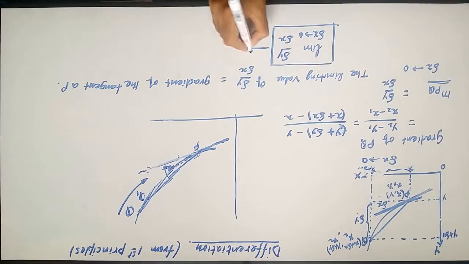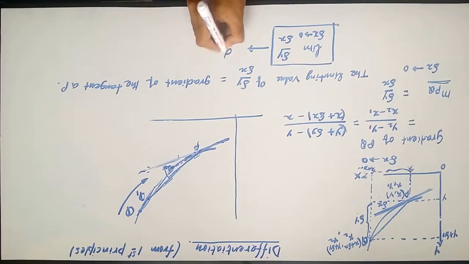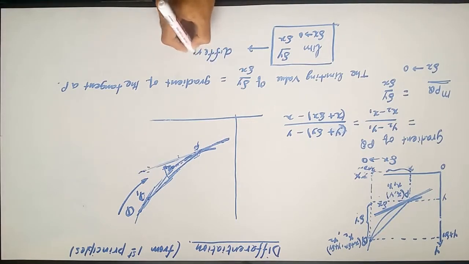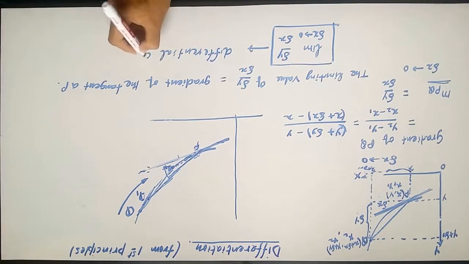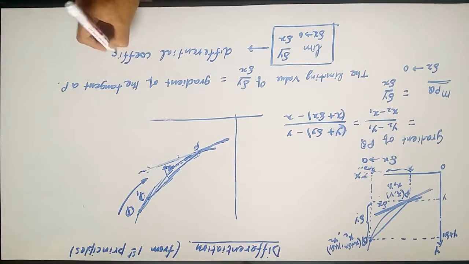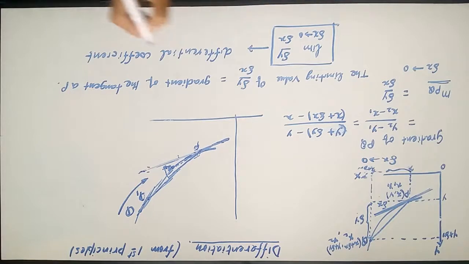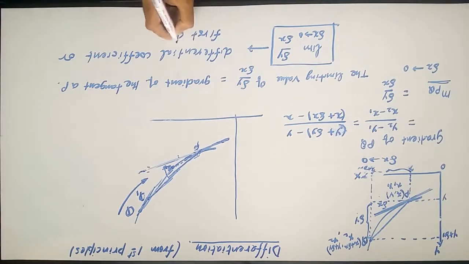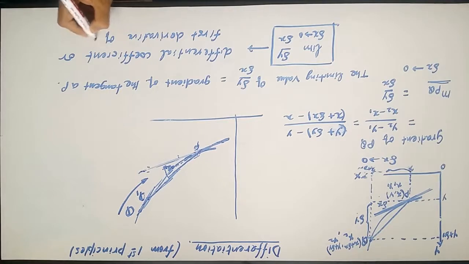This limiting value is called the differential coefficient, or also known as the first derivative of y with respect to x.